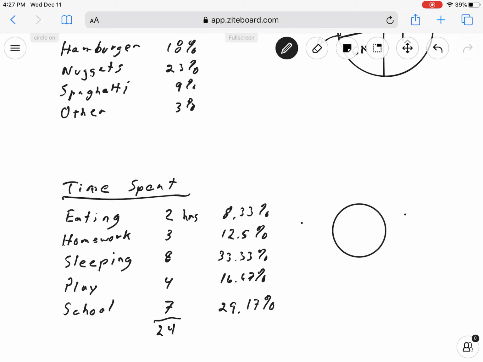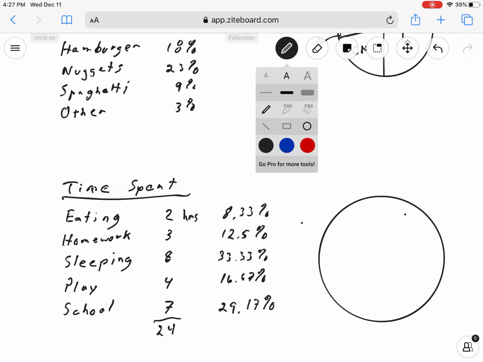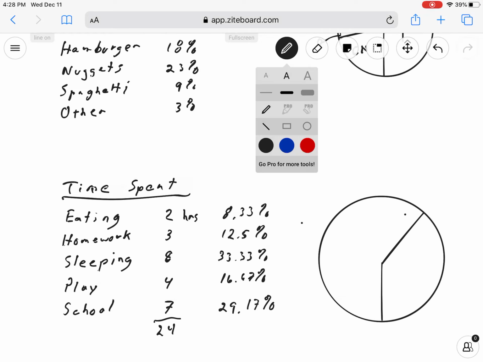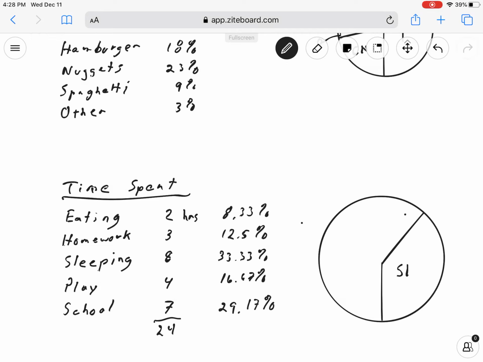So let's just say we'll do it a little bit bigger and make some of our sections. So we'll do the sleeping. And sleeping is about 1/3 of it. Okay. So this is our sleeping. And then we have school being the next biggest chunk.